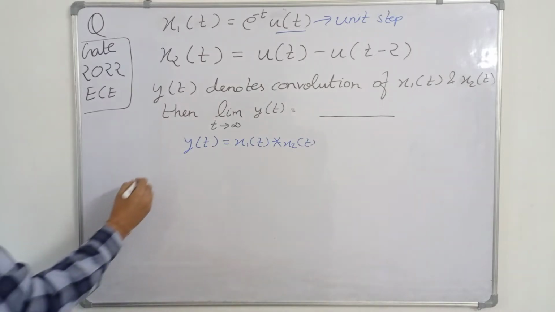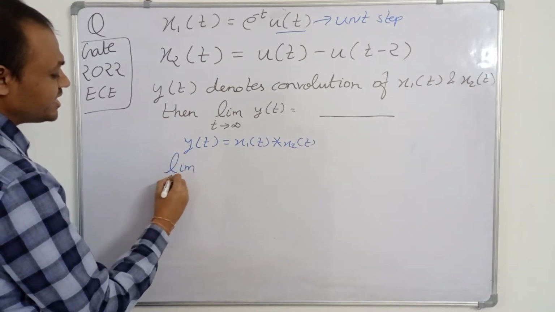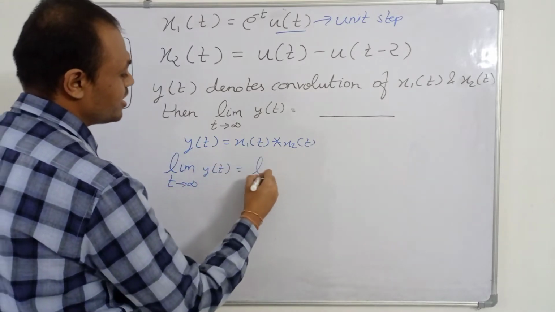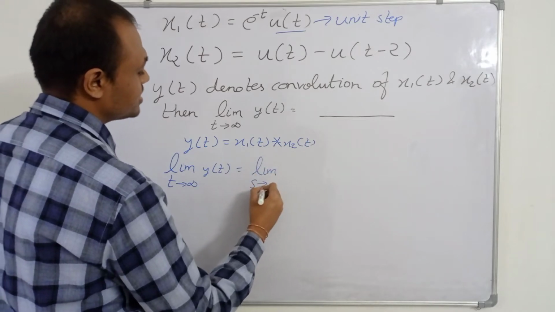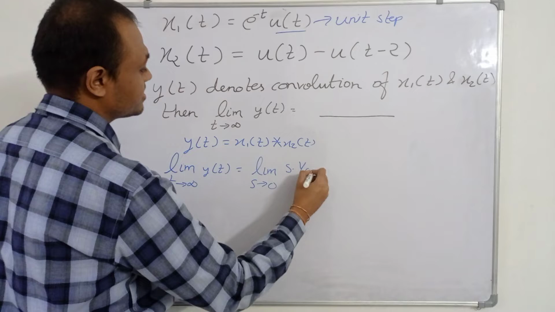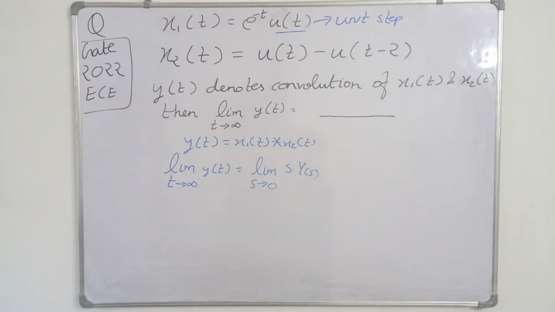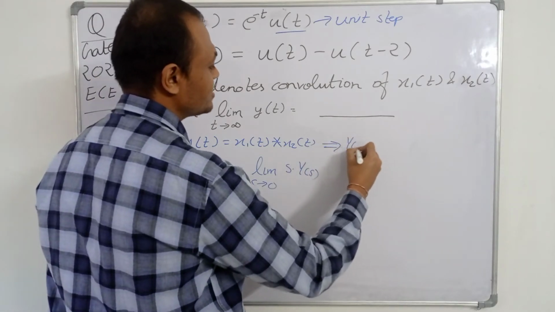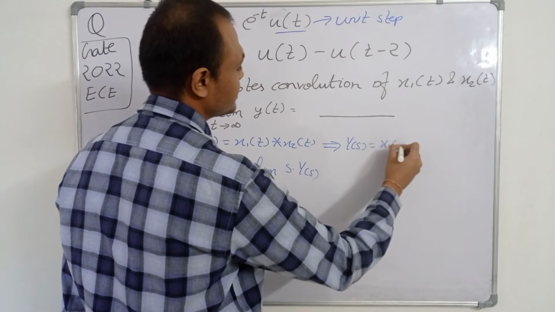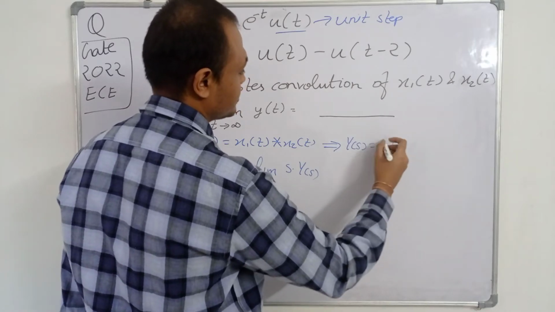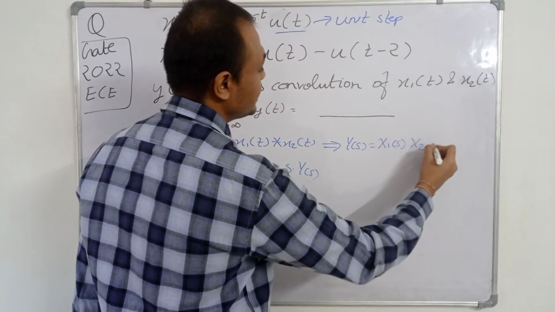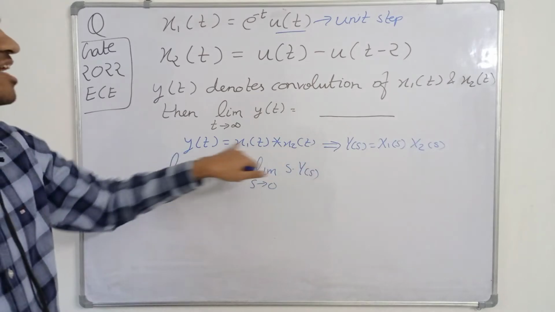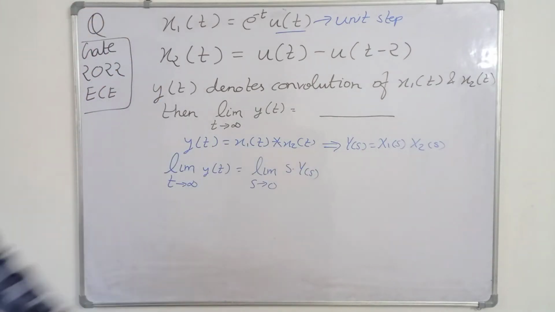The final value theorem is given as limit t tends to infinity y of t is equal to limit s tends to 0 s dot y of s, where y of s is the Laplace transform. Now if we take the Laplace transform, then y of s is equal to x1 of s into x2 of s, because convolution in time domain is equal to multiplication in frequency domain.